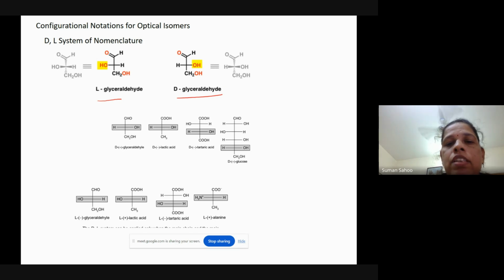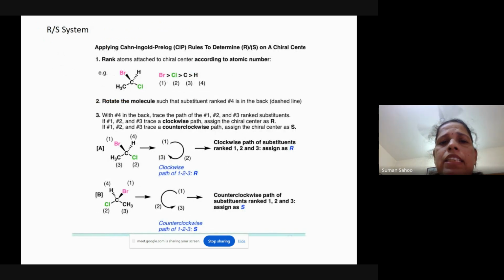So whichever chiral carbon has an OH group or any such group on the right, as in D-glyceraldehyde, that will be assigned as D. And when the OH or NH2, that kind of group, is on the left, as in L-glyceraldehyde, that will be assigned L.